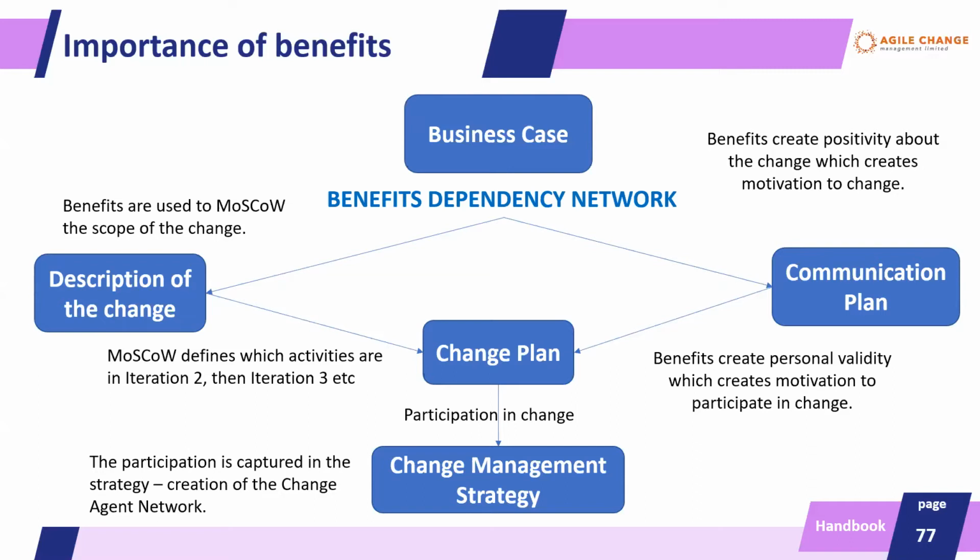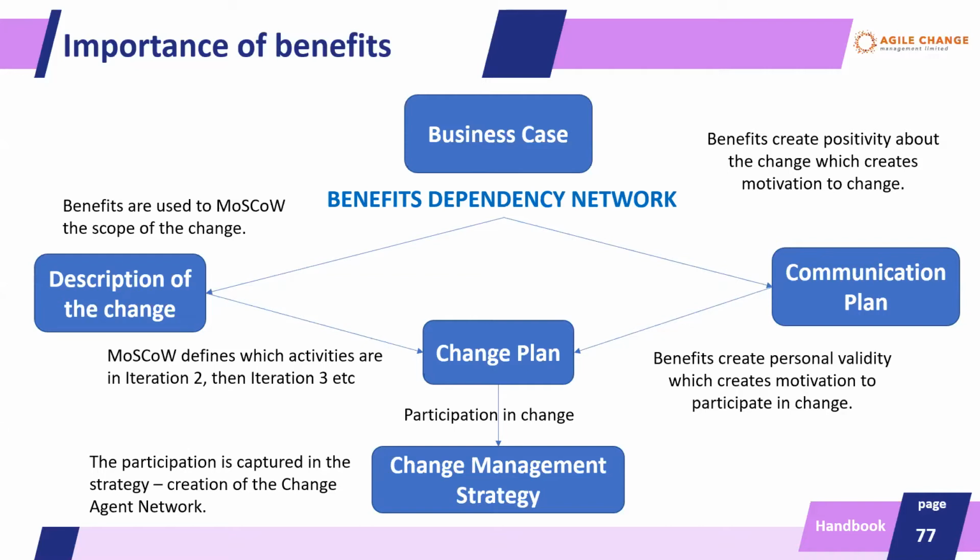And of course, once we have on the left there the description, the scope of the change, and we've got the communications that we need to think about, we draw that together as part of our change plan, which we've already looked at. It's the roadmap, each of the iterations that we're going to carry out, each wave of change.